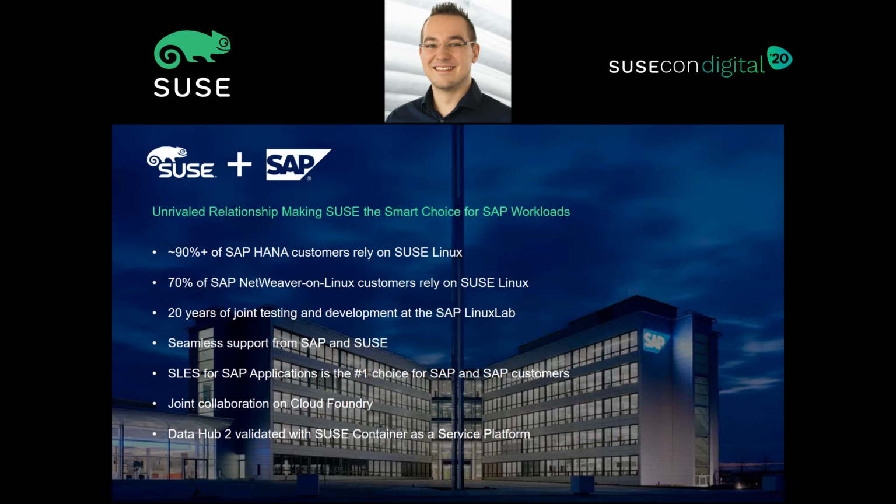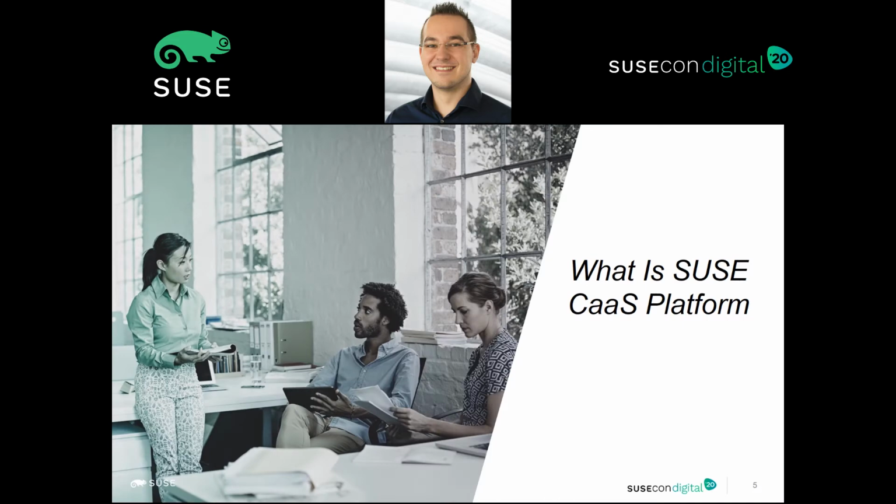Further, there are some joint collaborations like Cloud Foundry, which are driven by SAP and SUSE together. The SAP Data Hub is also a good example since it was validated on the SUSE Container as a Service platform, which we'll talk about next. So now let's start talking about what is SUSE CaaS Platform.